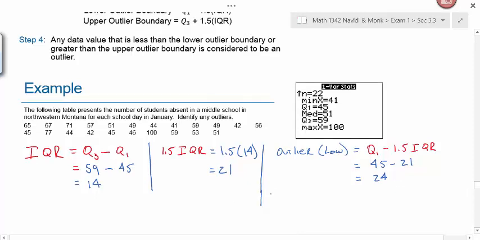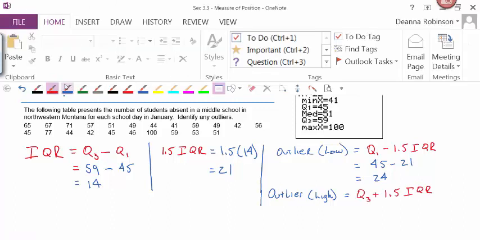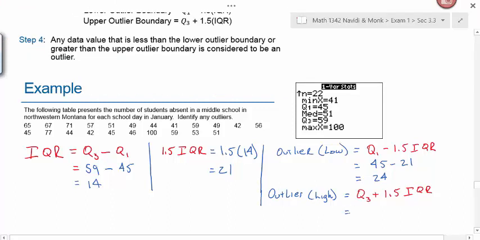To get an outlier on the high end, we would look at Q3 plus 1.5 IQR. Q3 we said was 59. 59 plus 1.5 IQR is 21, and 59 plus 21 is 80. Do we have a data value greater than 80? Look at your max. We have 100, so we have at least one outlier.